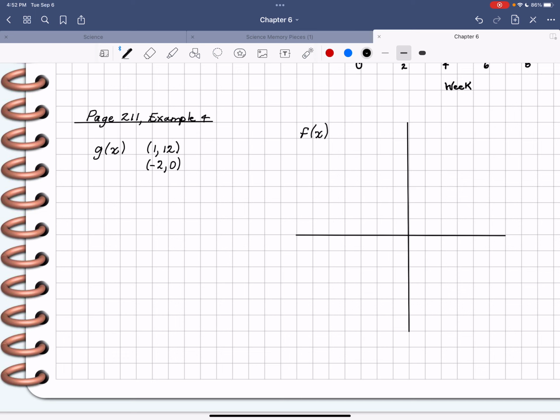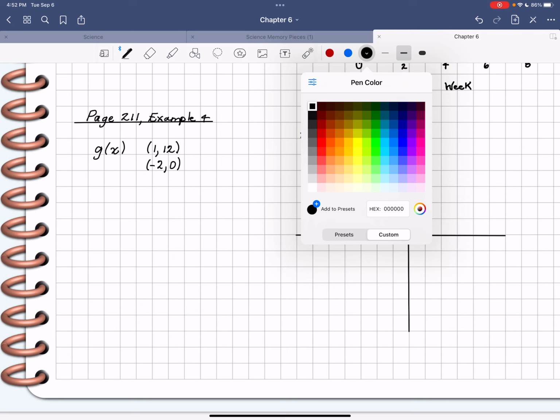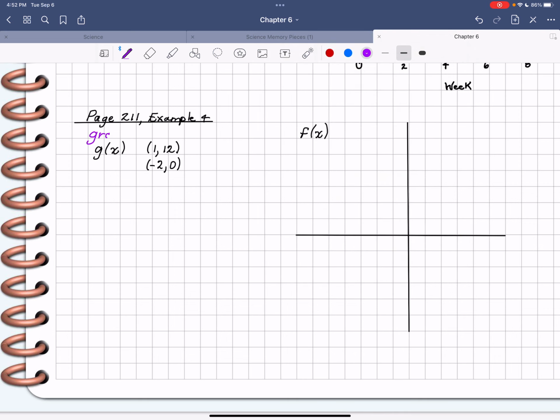Now, I had students who got really agitated with this function notation. For some reason, it just got them all stirred up. So, just in an effort to take some of the pressure away here, I told them to think of it, instead of g of x, let's call this the grape function for g.